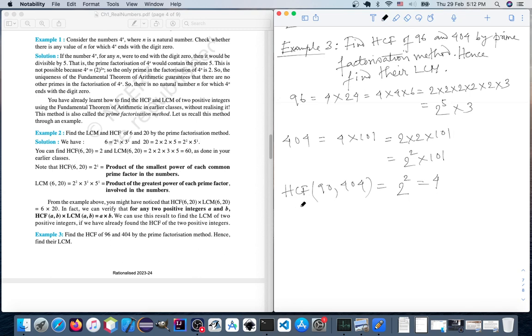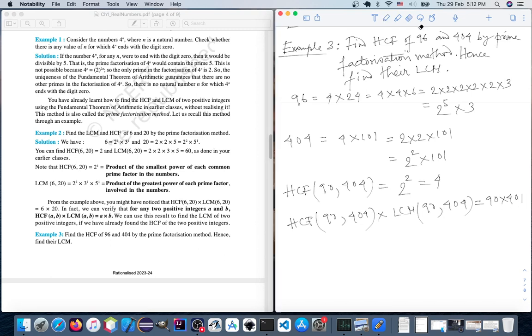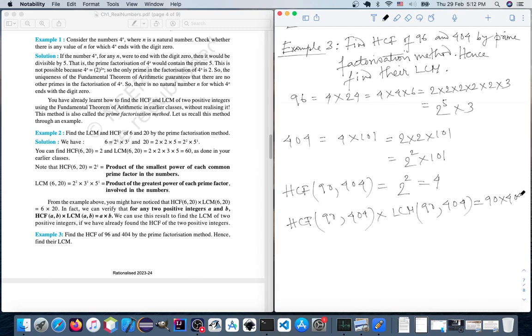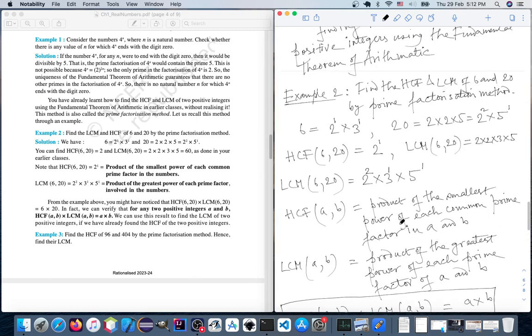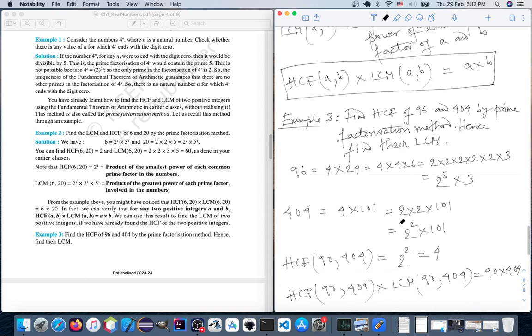Now it asks what will be the LCM. We know that HCF of 96 and 404 into LCM of 96 and 404 will be equal to 96 into 404. We know this formula from the boxed formula.